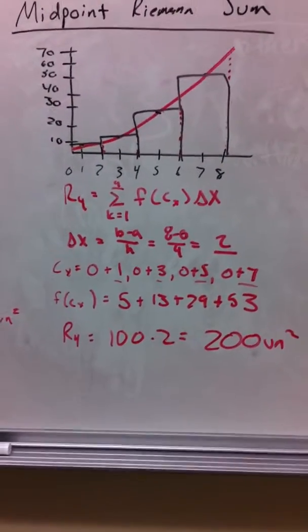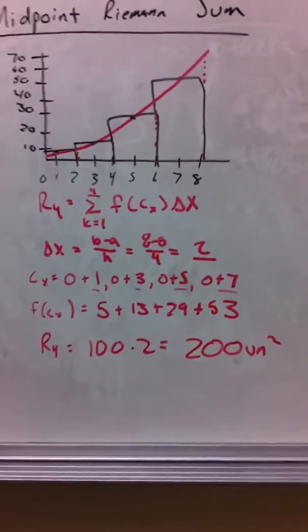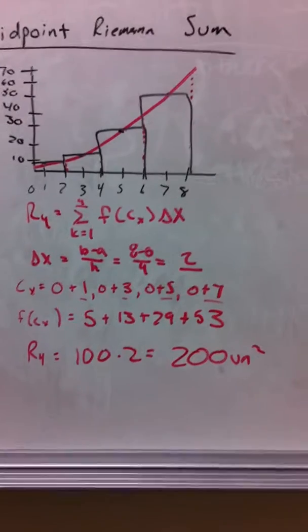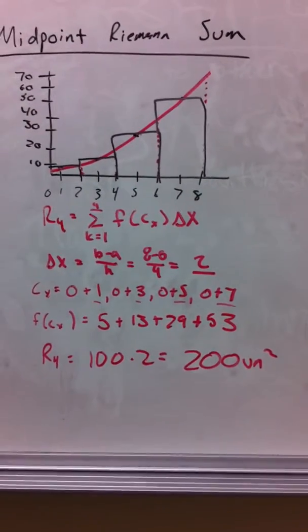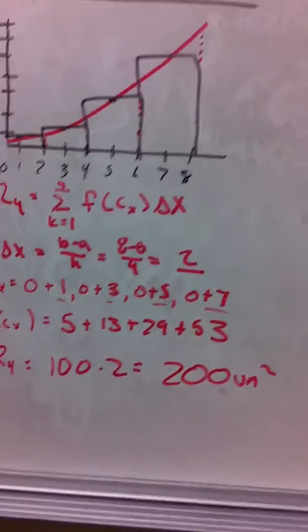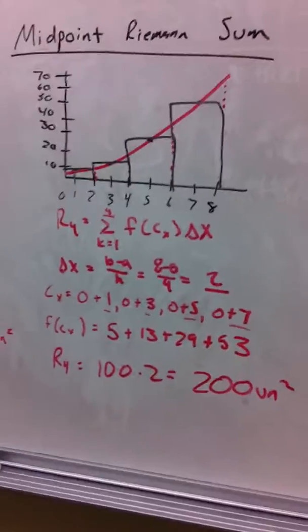When we plug these into the function, we get 5 at 1, 13 at 3, 29 at 5, and 53 at 7. We add all these up to get 100 even, times delta x, which is 2, and that gives us 200 units squared.